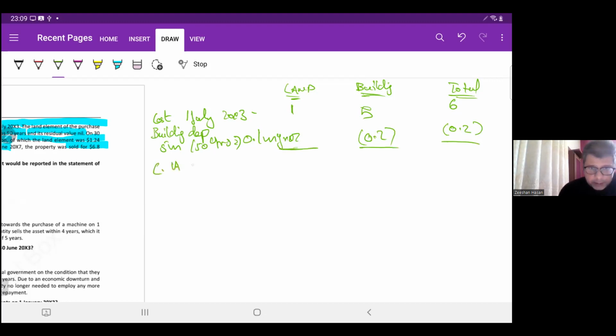Carrying amount at 30th June 2005: land 1 million, building 4.80 million, and total 5.80. Revaluation gain given in the question is 0.24 for the land and 1.96 for the building, so we get 1.20.